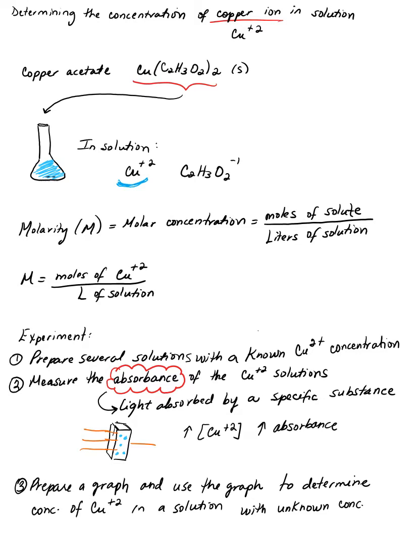Then we're going to measure the absorbance of your solutions. So the absorbance is just like how much light the solute is absorbing. We're going to have a cuvette, and in that cuvette we're going to have the copper solution. The orange lines are representing the light that is coming through.